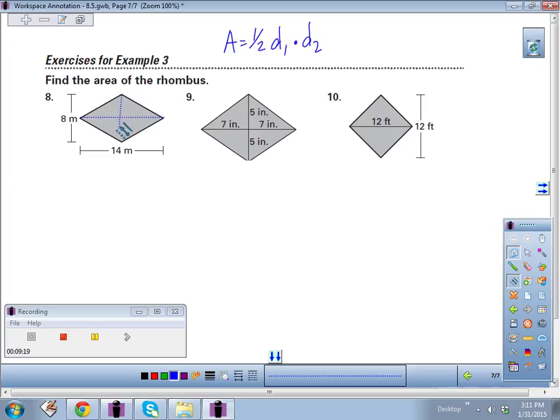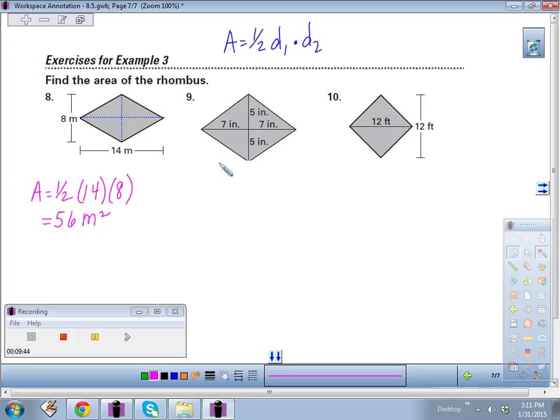The entire height here would be 8. So those are our diagonal lengths. So we would say area equals 1/2 diagonal 1, well, it can be either one of them, and diagonal 2. And then we need to simplify. So we get 1/2 of 14, which is 7. 7 times 8, which will give me 56. And the units would be square meters.